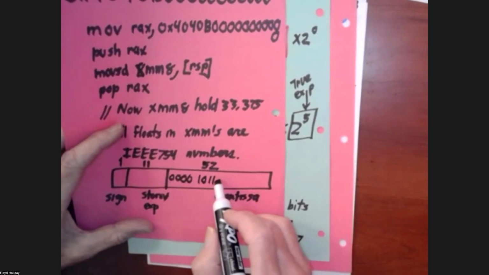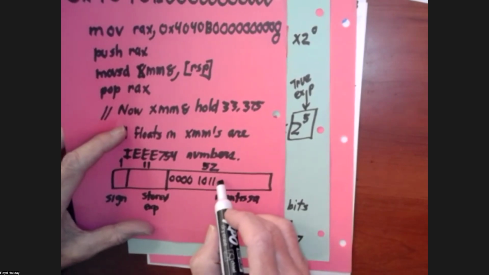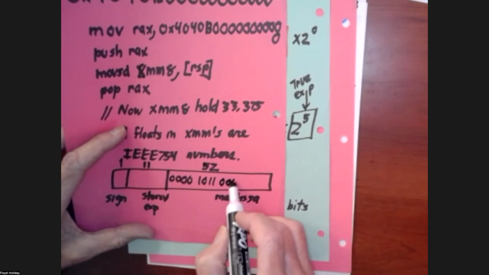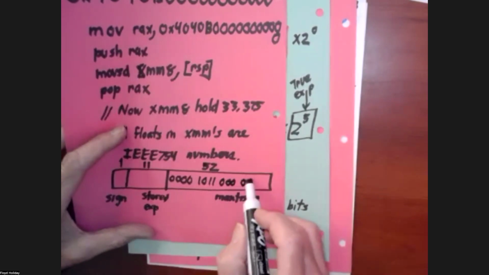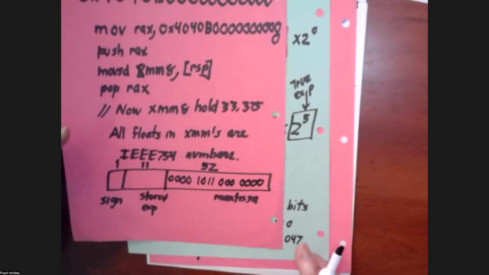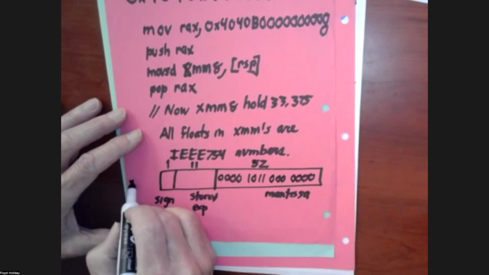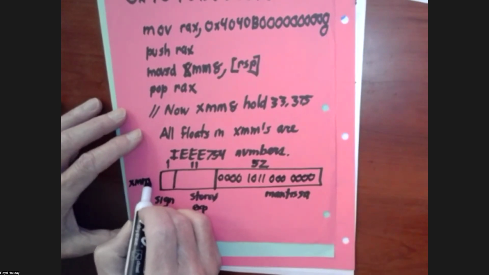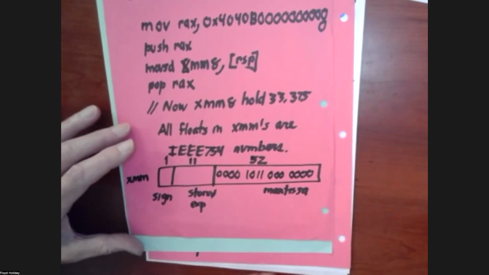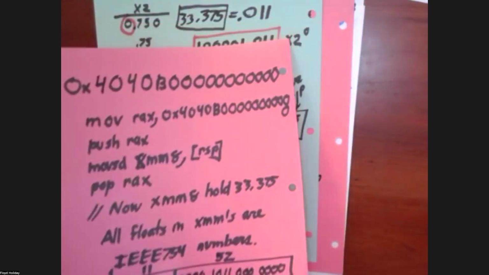Then all this space out here, nature can't have a vacuum. It has to have something. So it's trailing zeros until you have 52 total in the mantissa section. That's an XMM register. Any one of them looks like that.